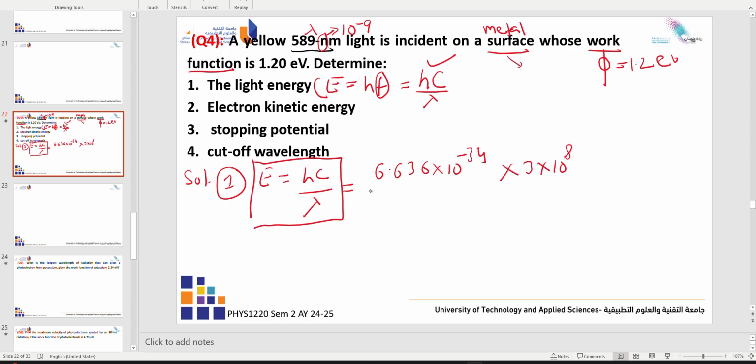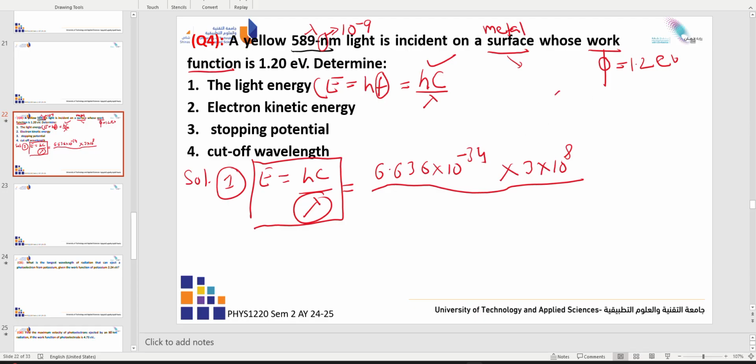Below, I have to write the value of lambda, which should be in meters, not in nanometers, micrometers, or millimeters. It should be in meters only.